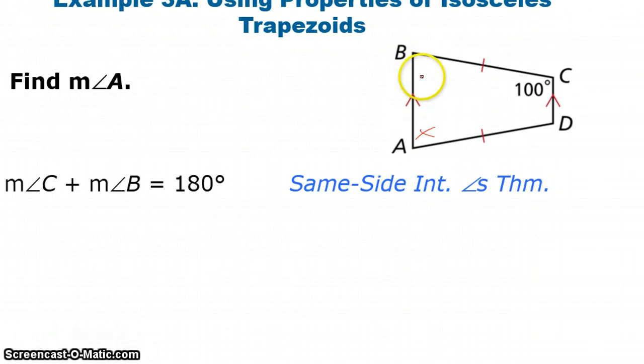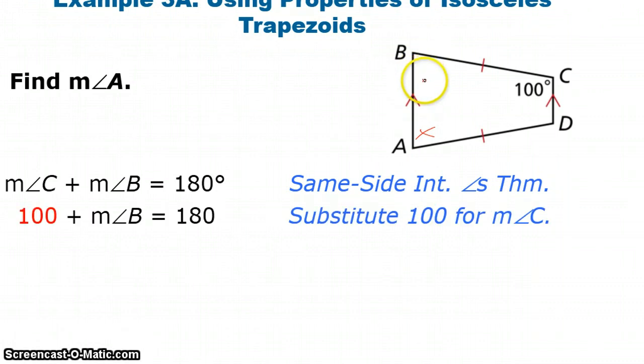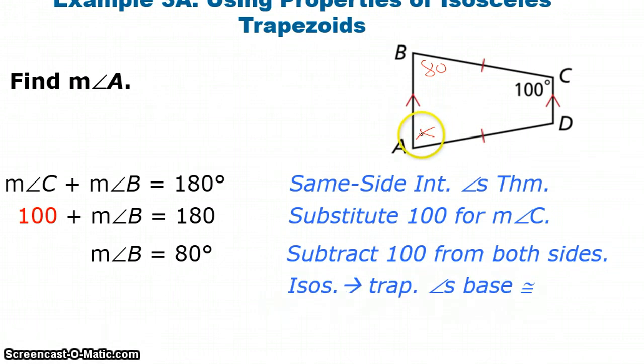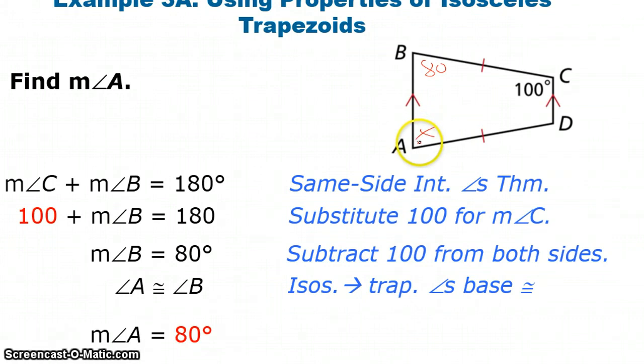So if we substitute in C, because we know that that is 100, and we solve our equation, we find that the measure of angle B is 80. So we'll put that in there. And now we're going to use our theorem that tells us that if this is an isosceles trapezoid, we know that the base angles, being A and B, are congruent. So we know that angle A and angle B are congruent, therefore we know that angle A equals 80.